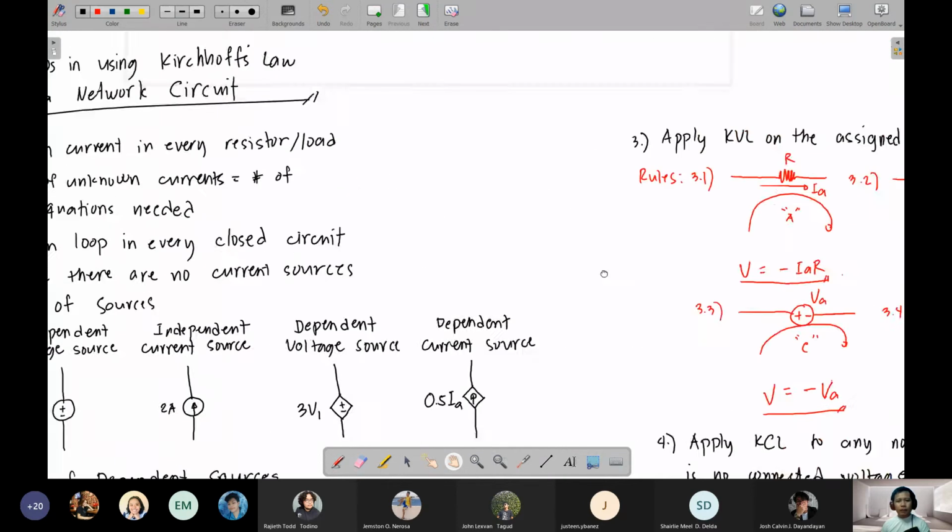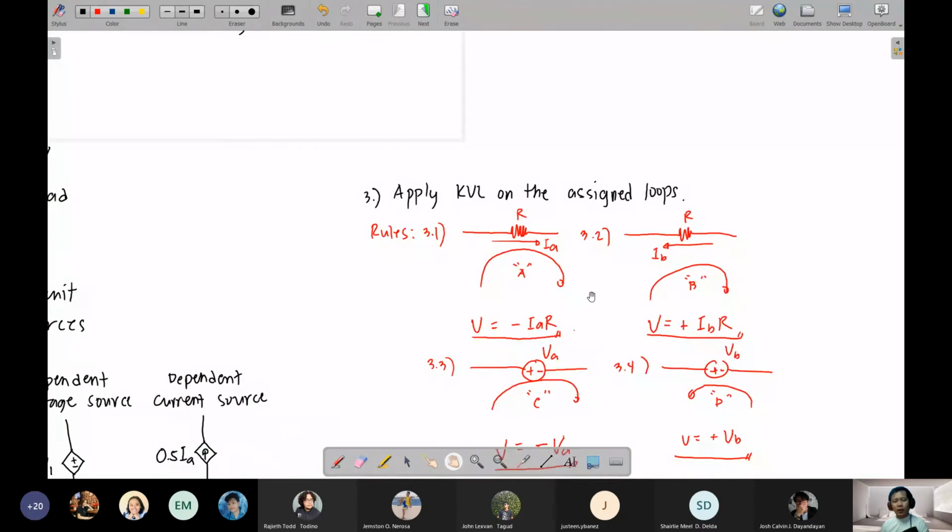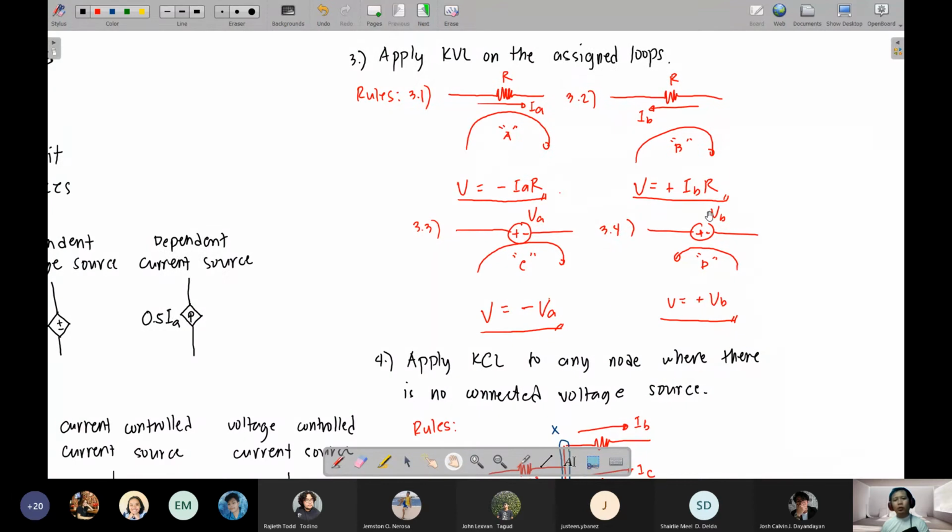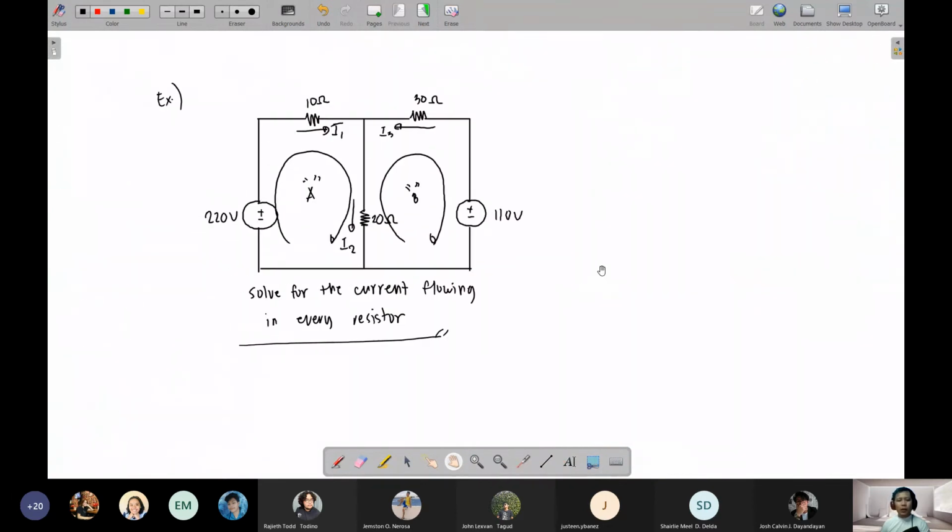Okay, step number 3. Step number 3, apply KVL on the assigned loops. So recall the rules. For every assigned loop, you have loop A and loop B. First, KVL at loop A. Recall the rules. First, let's start with the tail end of the loop.